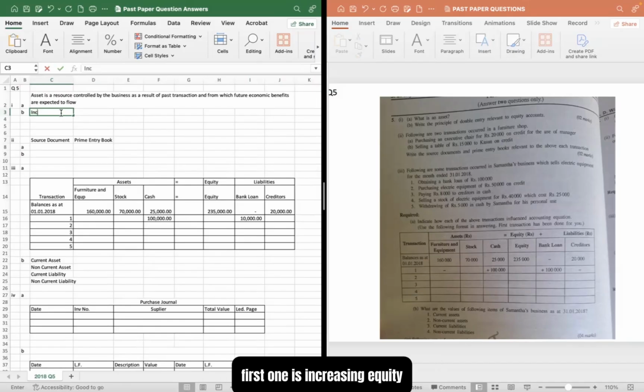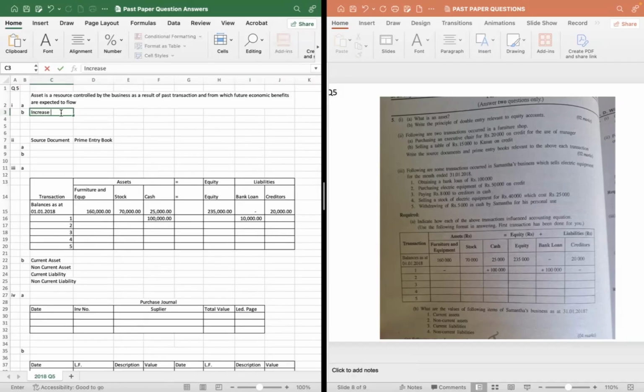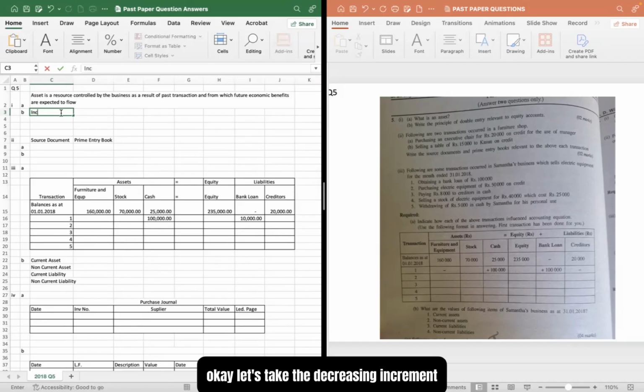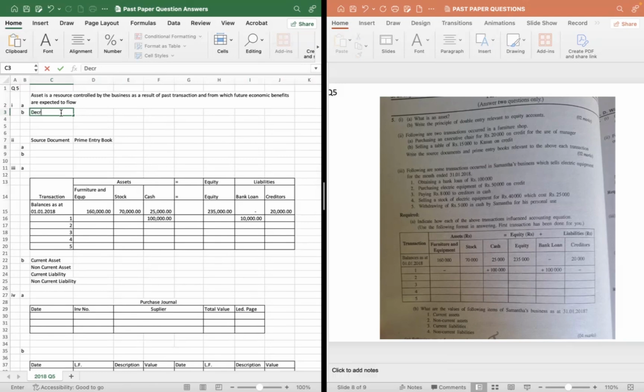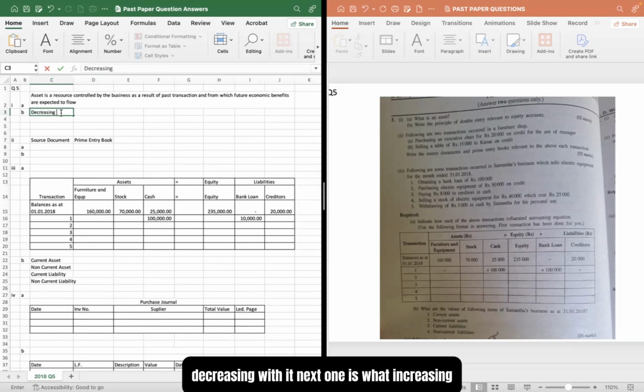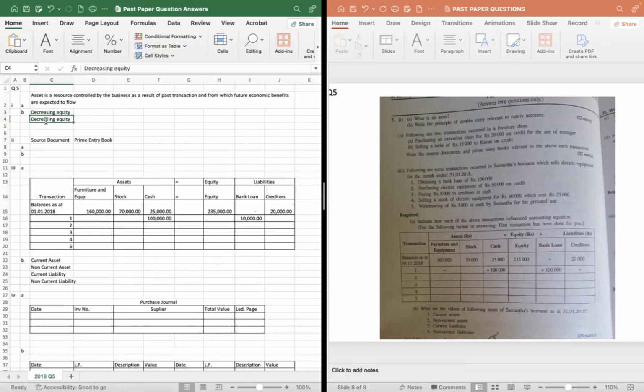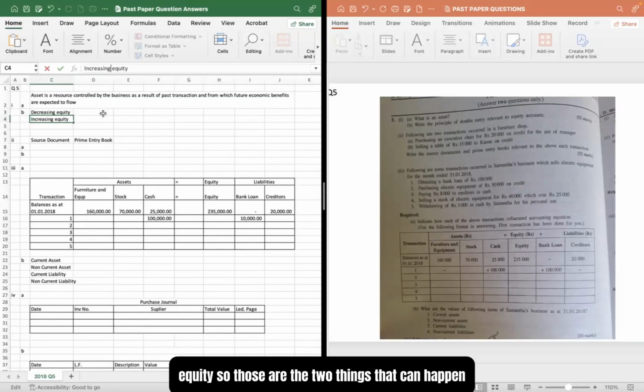First one is increase in equity. Let's take decrease in equity. Those are the two things that can happen.